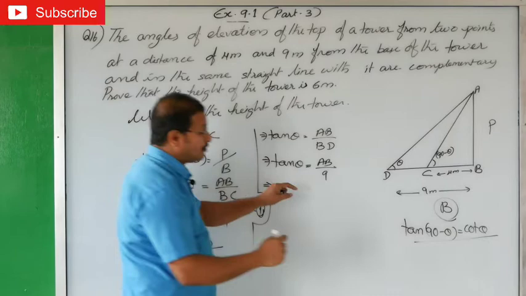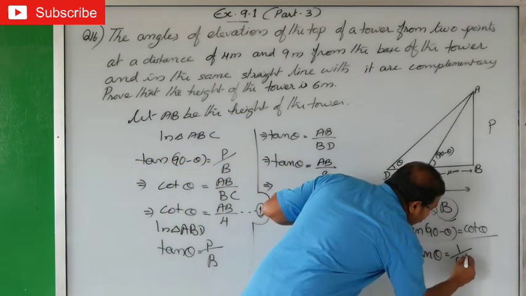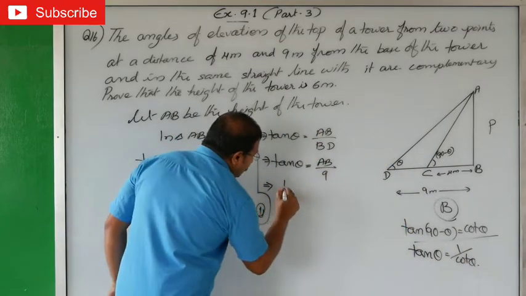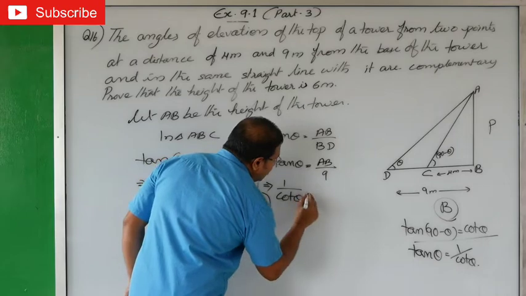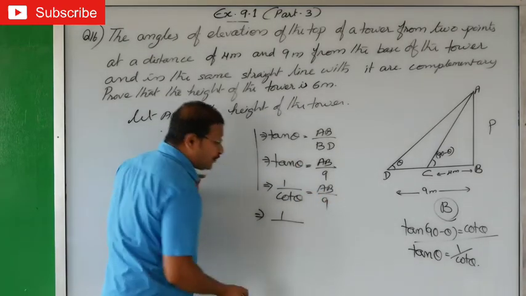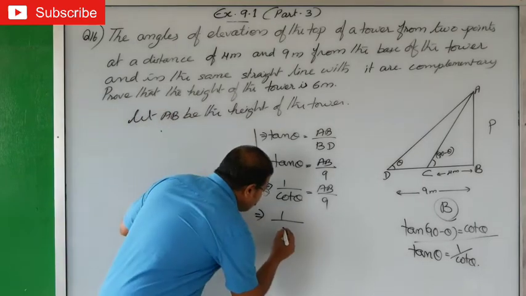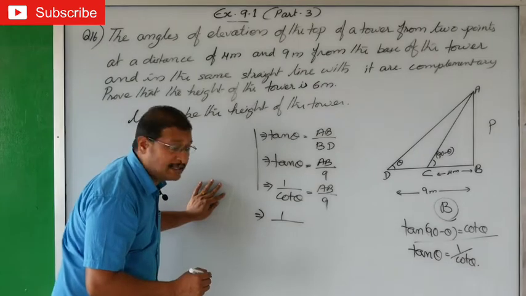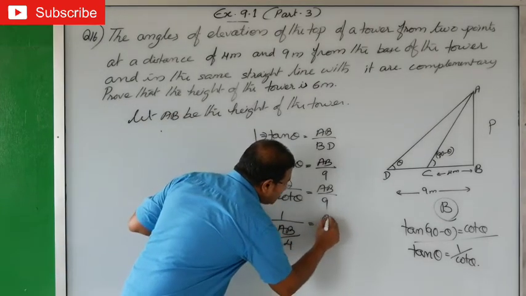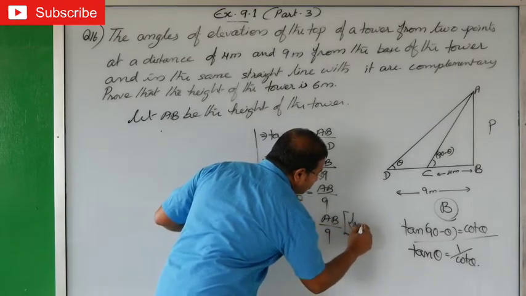Now in place of tan, what can you write? 1 by cot, because tan theta equals 1 by cot theta. That means 1 by cot theta equals AB by 9. In place of cot, from equation 1, cot theta is AB by 4. So this implies 1 divided by AB by 4 equals AB by 9.